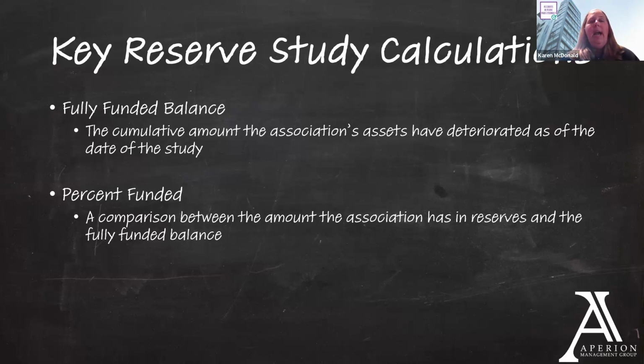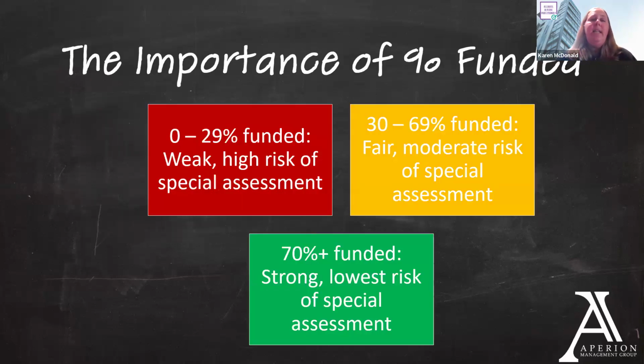So when we look at how much money the association has in reserves, and we compare that to the fully funded balance itself, which would be how much you would have if you were to have 100% of the amount the assets have deteriorated to date, we get a percent funded. And here's what that percent funded means.